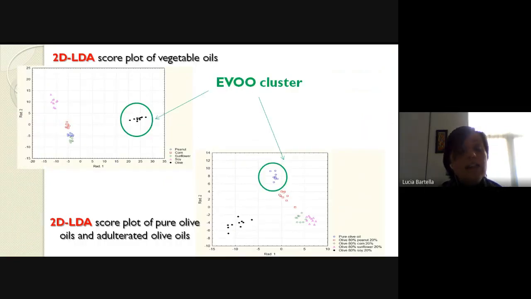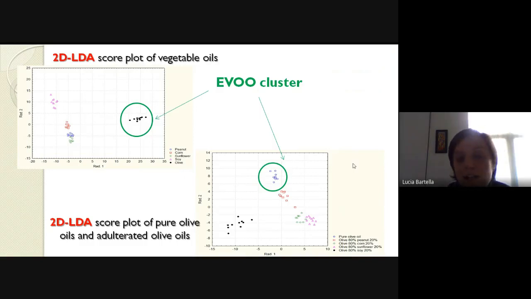And in this slide, there is the LDA score plot of the vegetable oils, and as you can see, the extra virgin olive oil cluster is well discriminated from other clusters which represent the other vegetable oils.